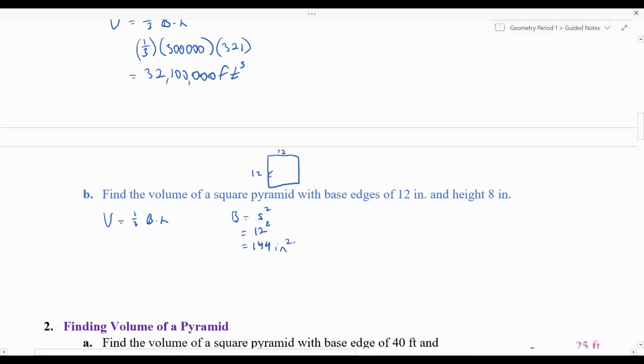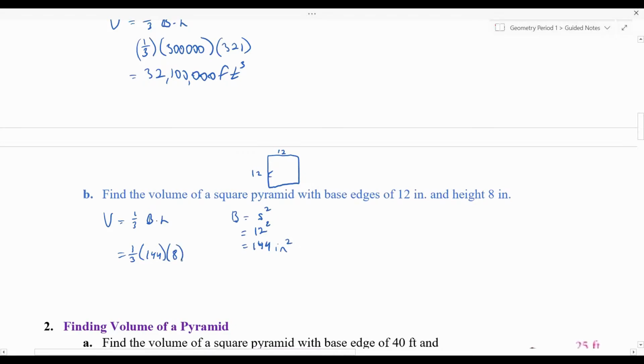Now that we have this, we can plug the 144 into our formula. So volume is 1/3 times 144 times our height. They told us the height is 8, so we plug in the 8.